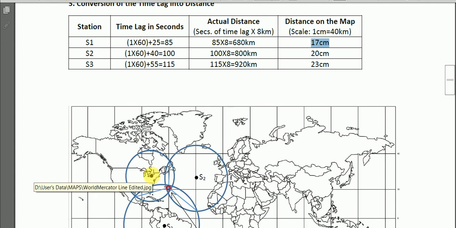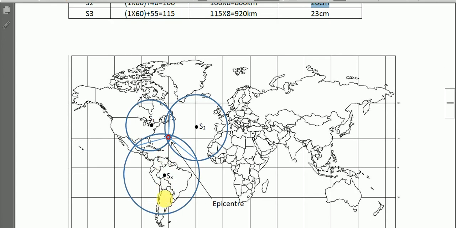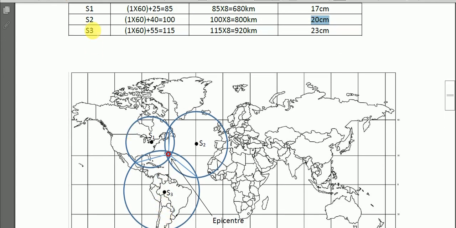So this is S1, location of S1 as the center, and the 17 centimeter as the radius we are drawing a circle. And likewise for the S2 also, it is located on the map, and with 20 centimeter as the radius we are drawing a circle here. And likewise we have to do the same for the S3 also.